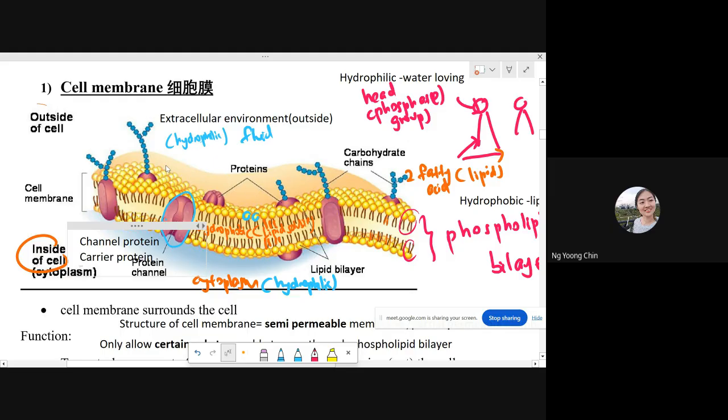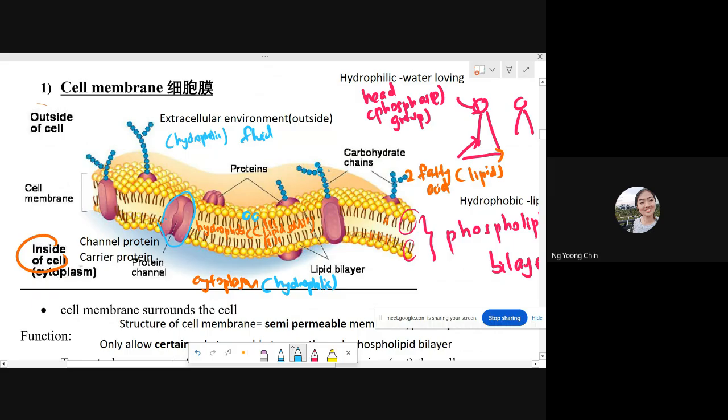On top of the phospholipid bilayer membrane, you have what we call carbohydrate chains. You have two types, either glycolipid or glycoprotein.